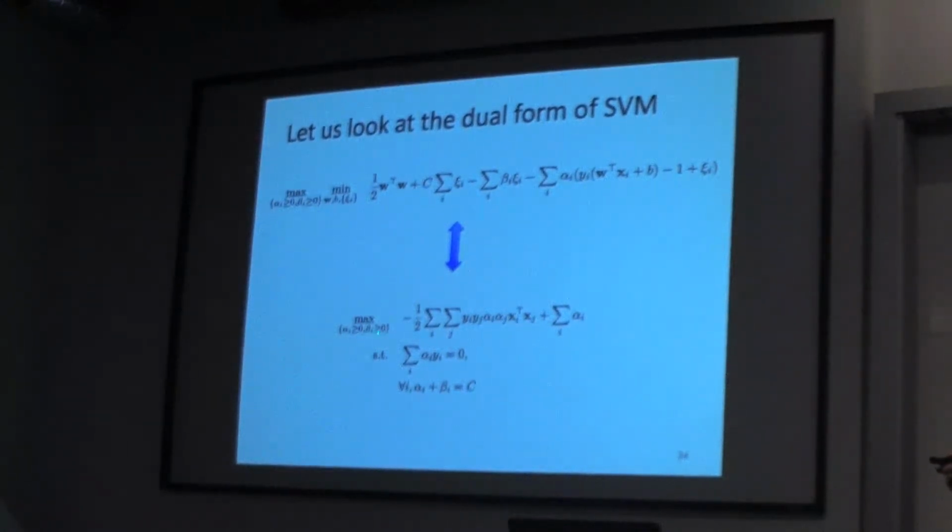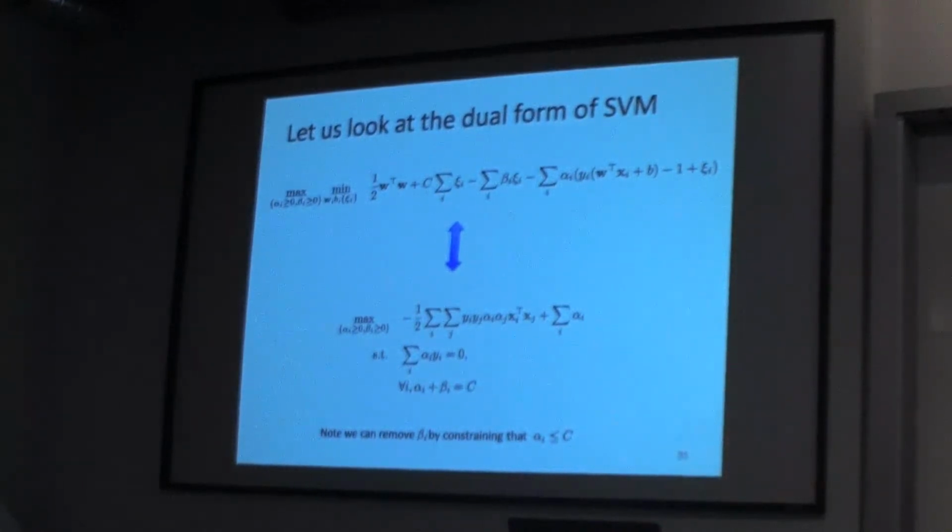If you want beta i to be non-negative, you just require alpha i less than or equal to C. So in that sense, we can just get rid of beta i and replace it with an actual constraint, alpha i less than or equal to C.